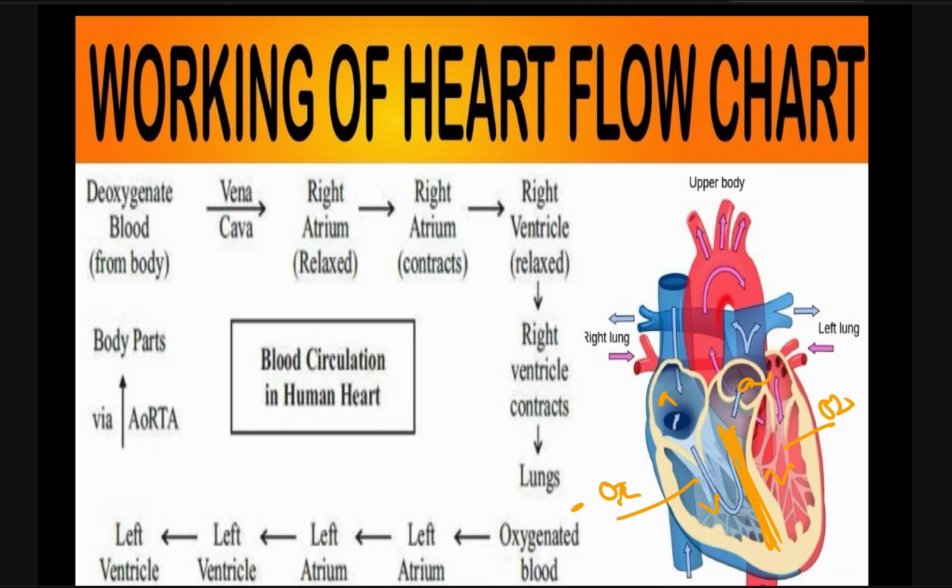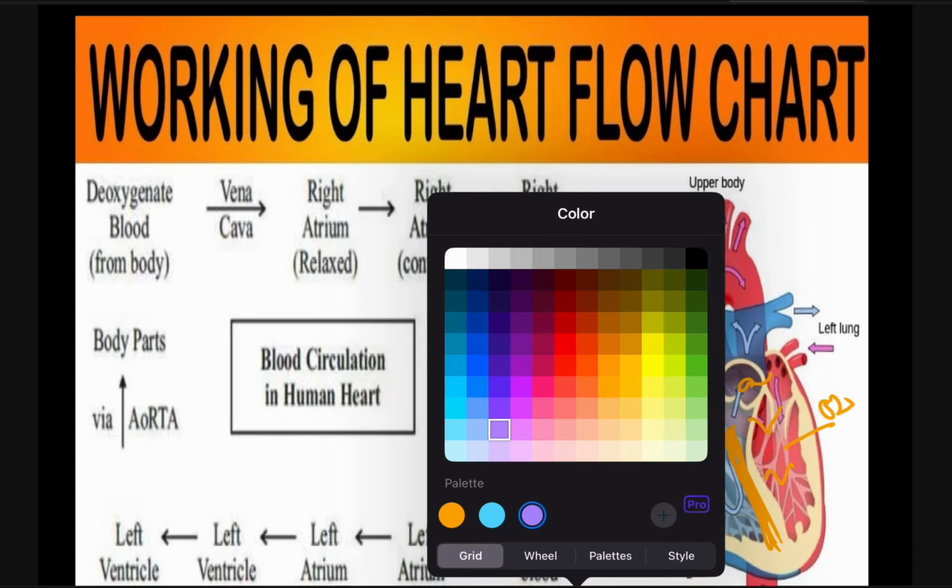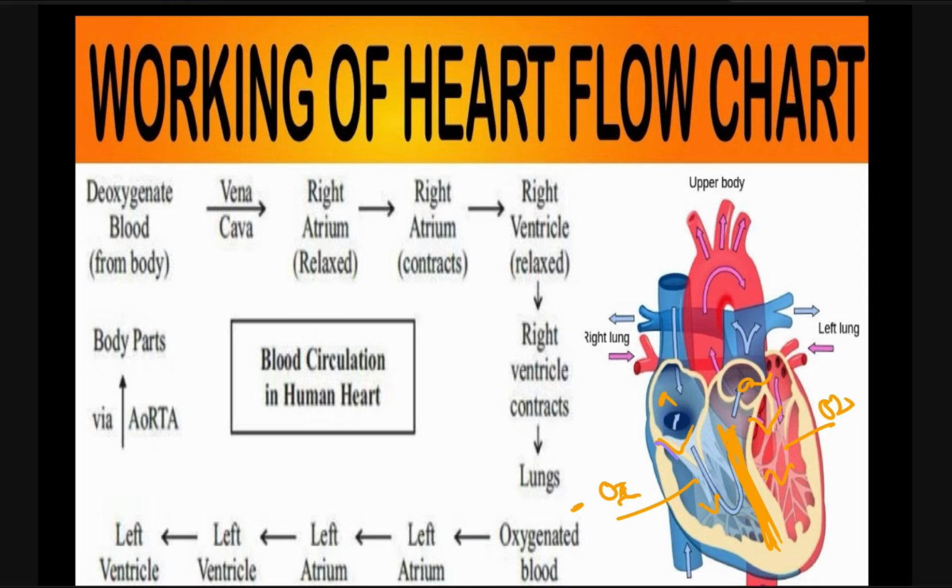So we can call it oxygenated and deoxygenated blood. So this muscle is separating the oxygenated and deoxygenated blood. And then there are valves. Here you can see there are valves that are actually preventing the backflow of the blood.